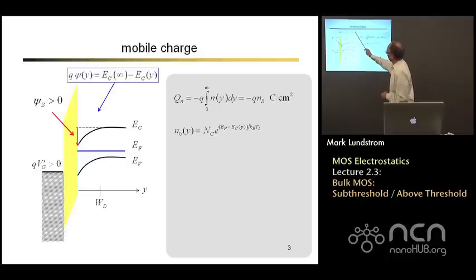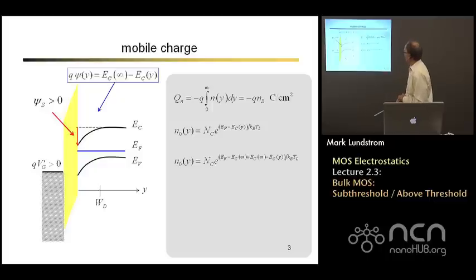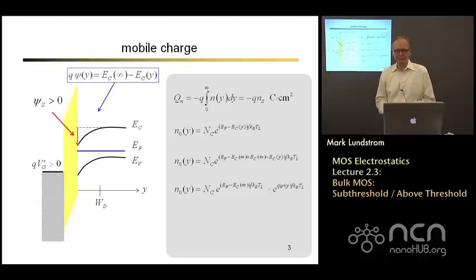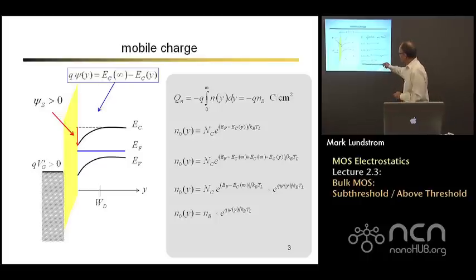So the conduction band edge follows the electrostatic potential, and that means I can take this relation, subtract the conduction band in the bulk, add the conduction band in the bulk, recognize the electrostatic potential there, and recognize an electron density in the bulk, and it turns out that I can write this electron density as the value in the bulk times e to the q psi(y) over kT. So there's a very nice, simple way.